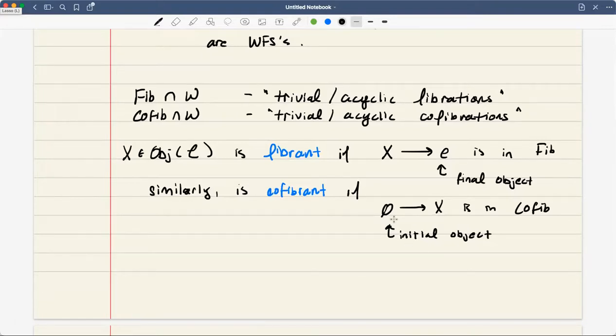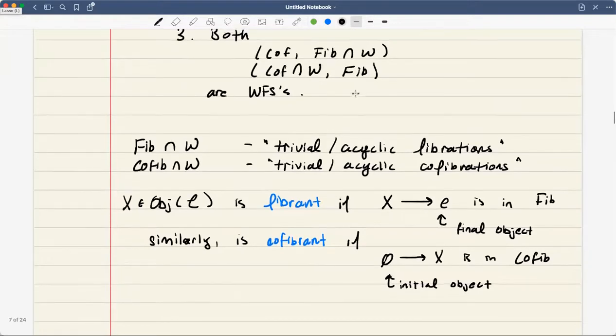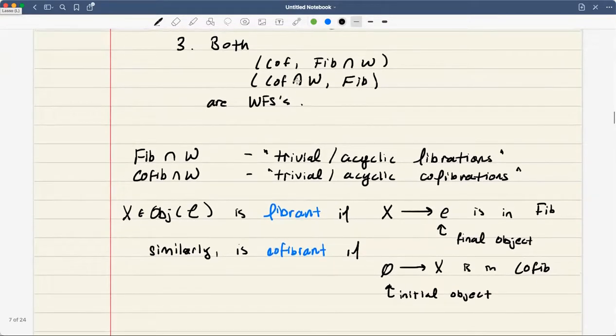So this initial object map here, we could factor it because of our factorization systems as a cofibration followed by an acyclic fibration, and that means that we can find a cofibrant object, which is... Right, the fibrant replacement, fibrant and cofibrant replacement.